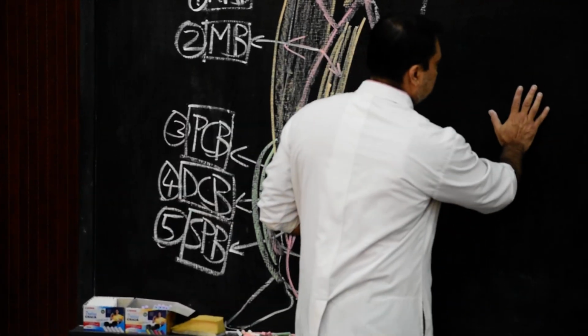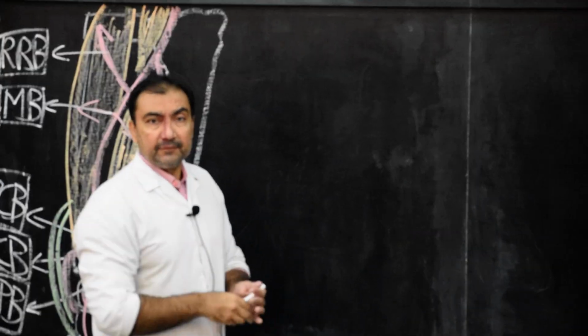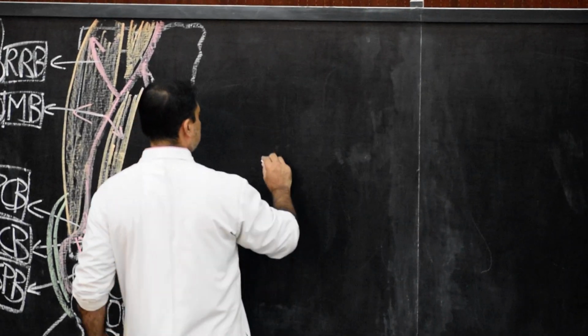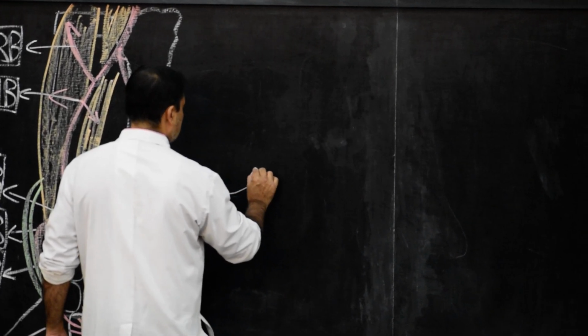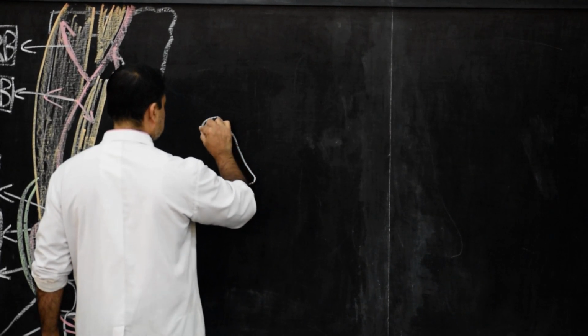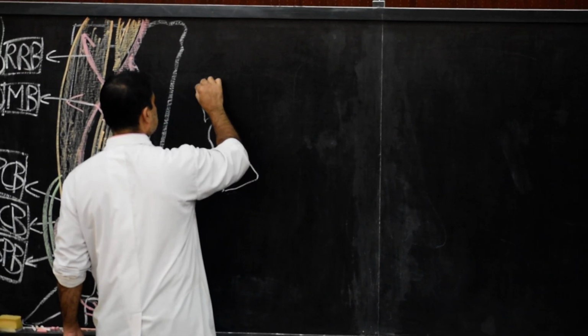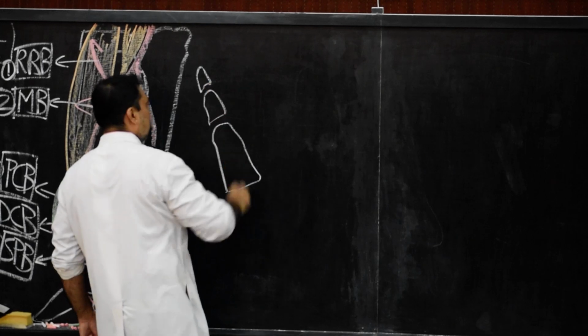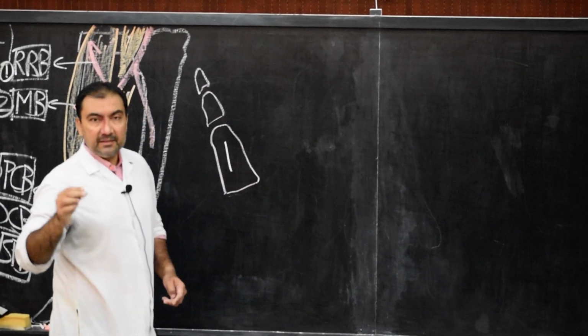Please come on this side. We try and show the dorsum of the hand. So very fast, let us try and show the dorsum of the hand. For that, this will be our first metacarpal, this will be our phalanx, and we know that the first digit has 2 phalanges.